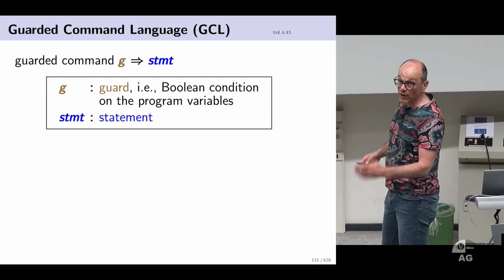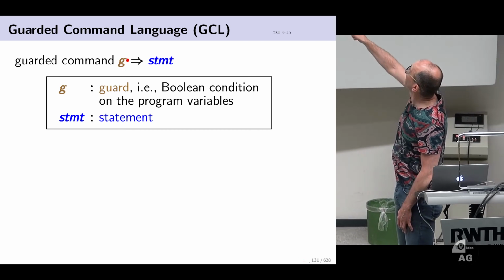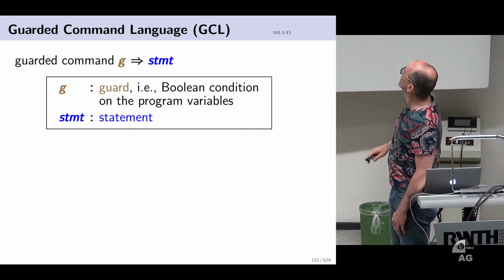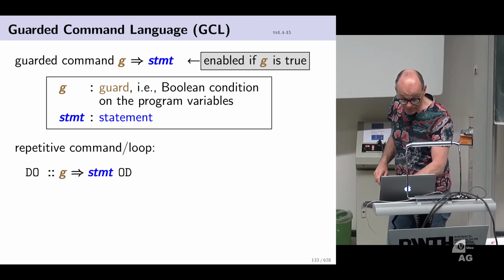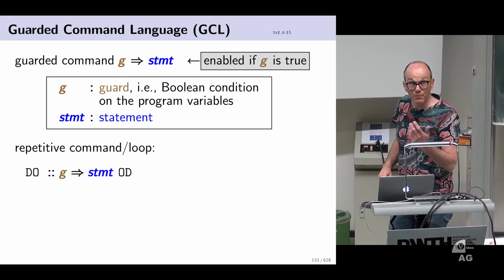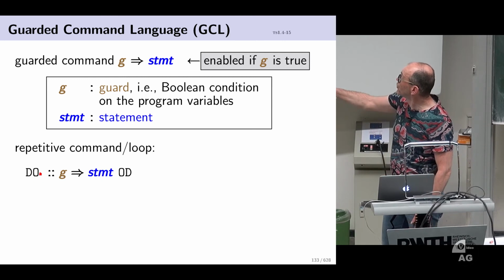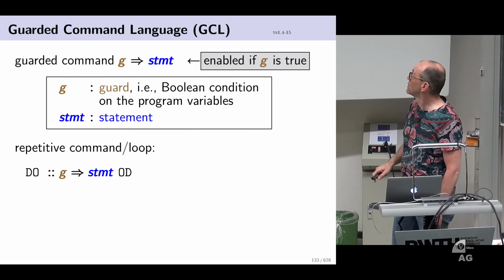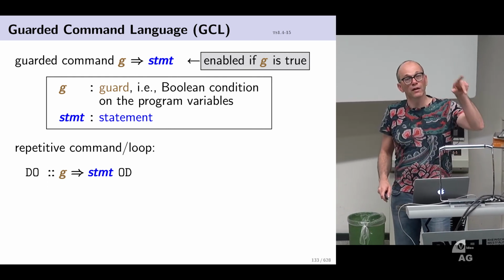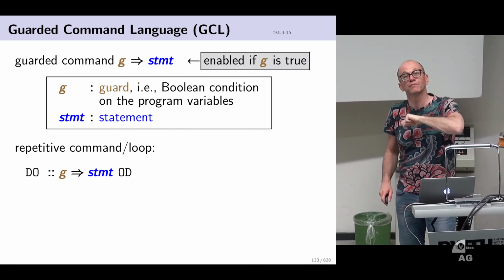The way Dijkstra defined it was of the following form. We have a guard and then a statement, and this is only enabled if G is true. And then there are loops. Loops in Dijkstra's notation were of the form do, if this guard holds, execute the statement, od. So in my notation it would be something like while G do statement.